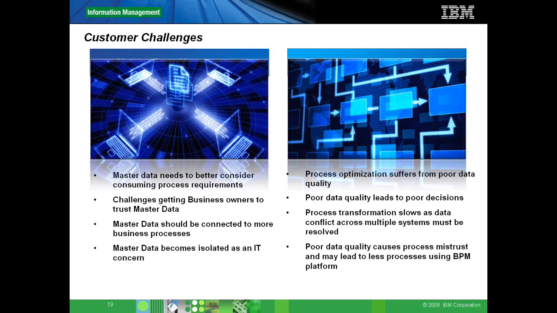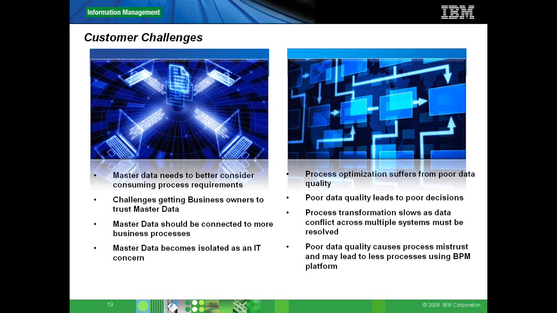Similarly, if you look at the right-hand side of the chart, the business processes which you define in an organization often suffer from data quality issues. And that's because you don't have a single source of master data established yet, right? Business processes which point to poor data quality mean poor decision making, isn't it? So also, without MDM, processes you define now have to deal with data conflicts which exist across silo systems, which is a big pain in the neck for the organization.